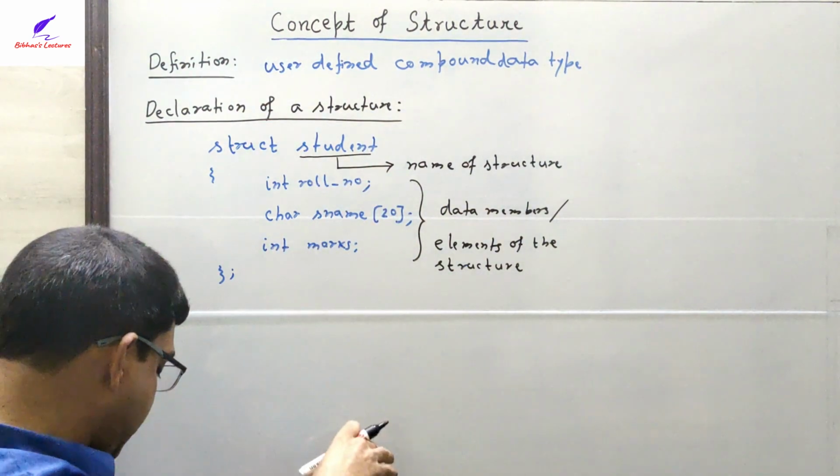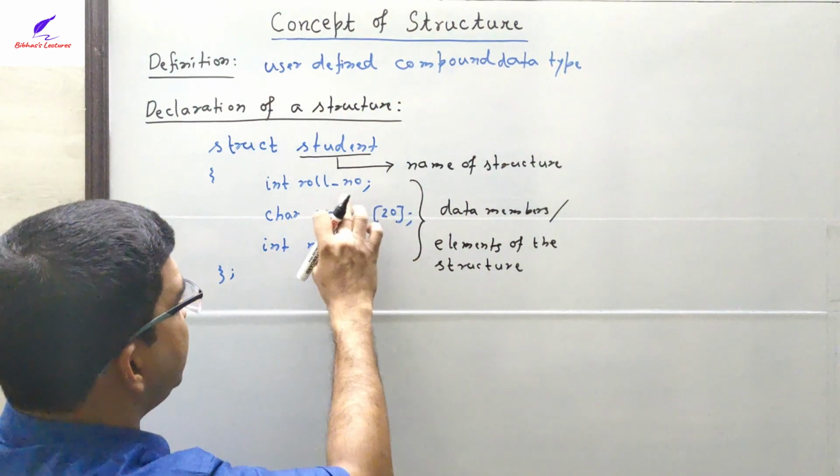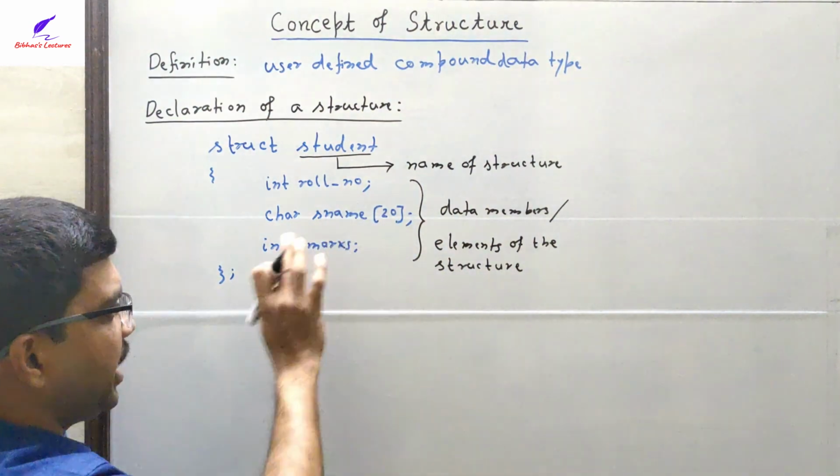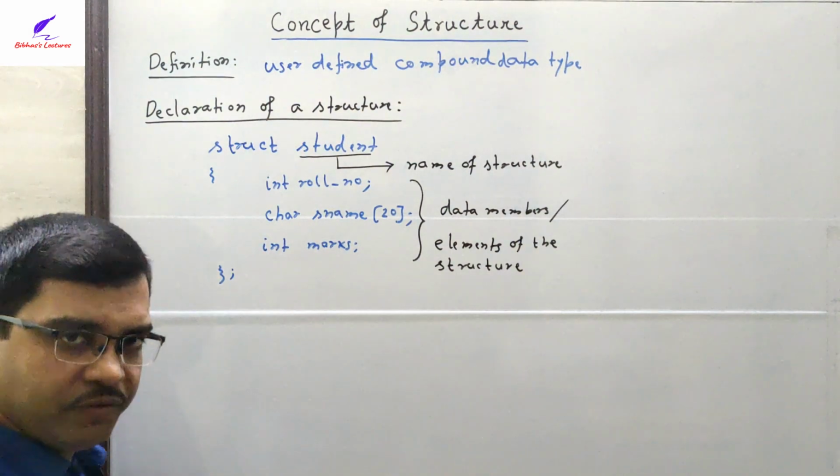Here the name of the structure is student, and there are 3 members, namely roll number, student name sname, and marks. So this is the declaration of a structure.